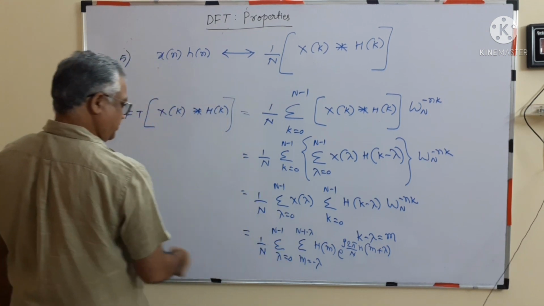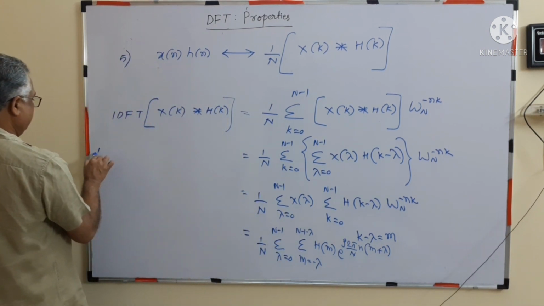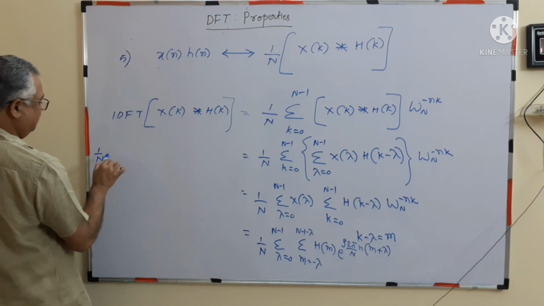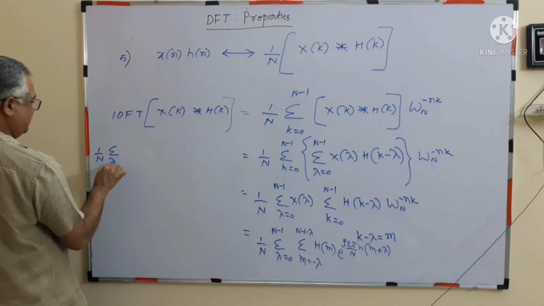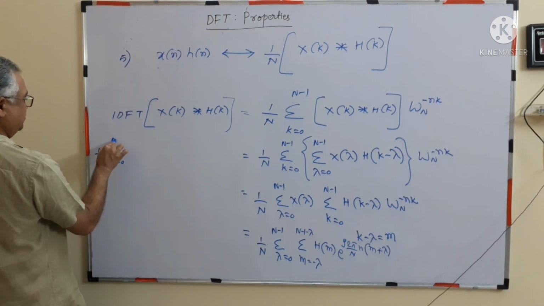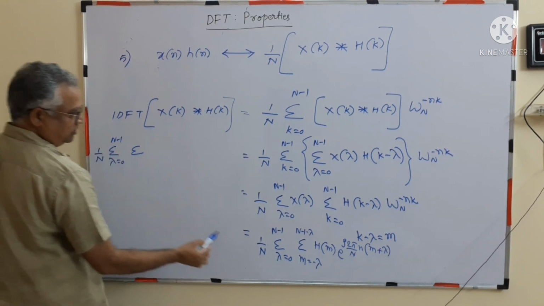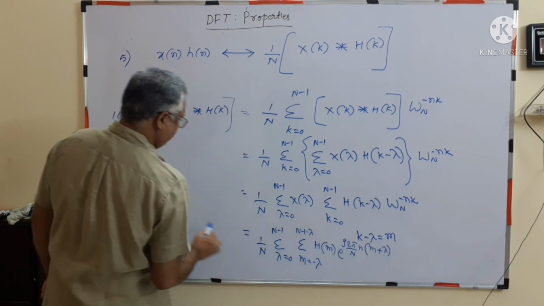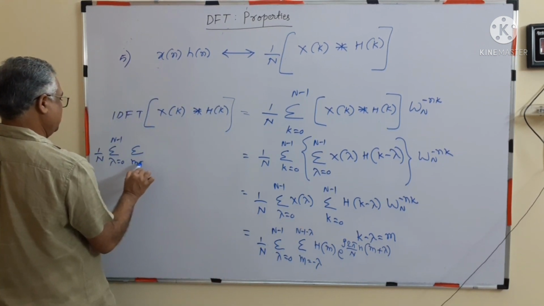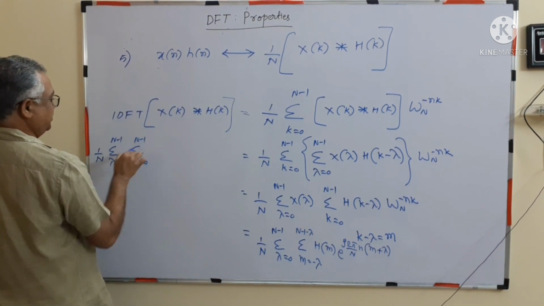Okay, so this is further 1 by N, 0 to N minus 1. Here minus lambda we can remove, 0 to N minus 1.